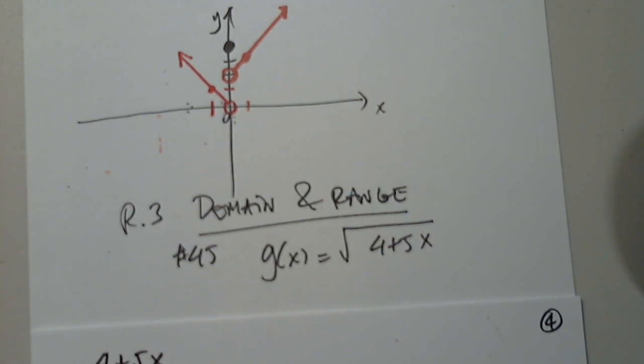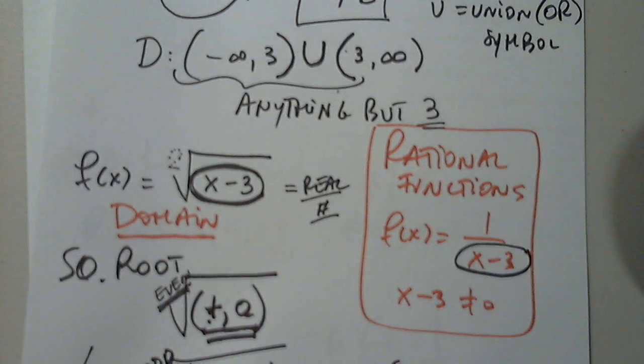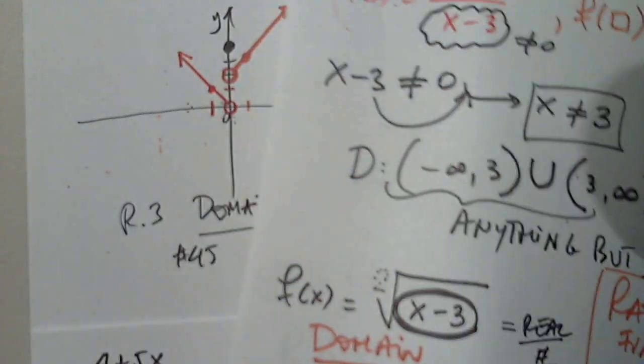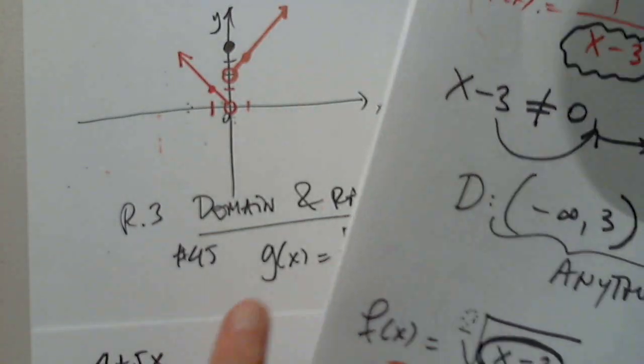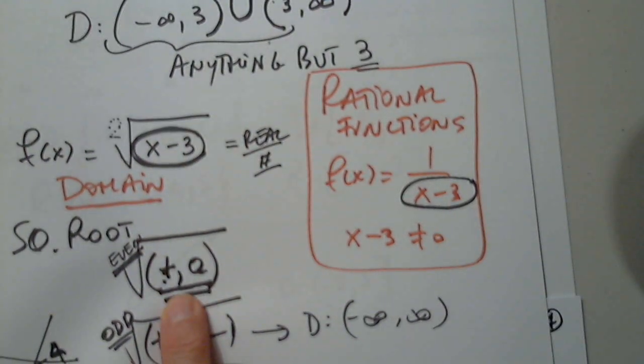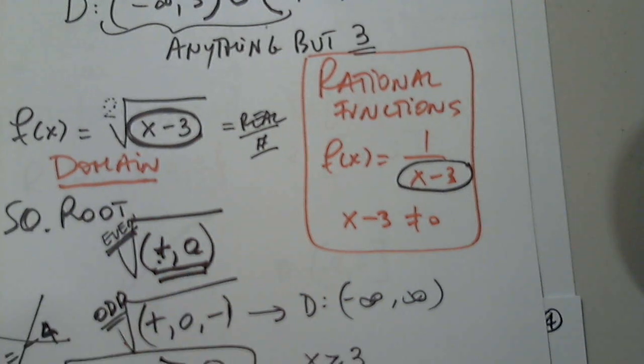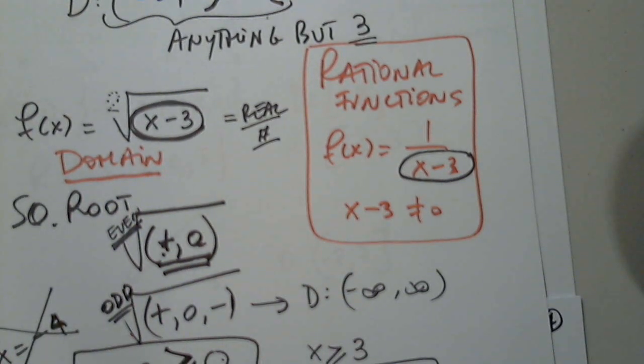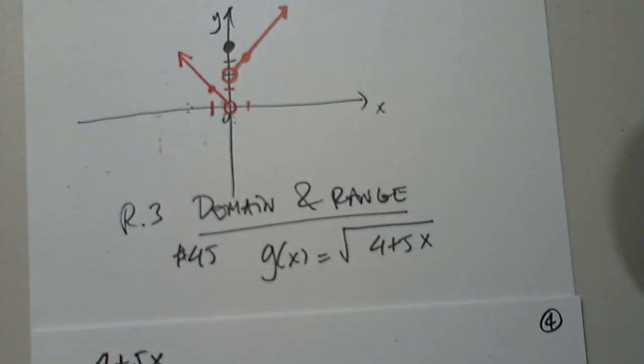So let's go back to our notes from a few minutes ago. Even index, yes, even index. So it would be greater than or equal to 0. Excellent, thank you.